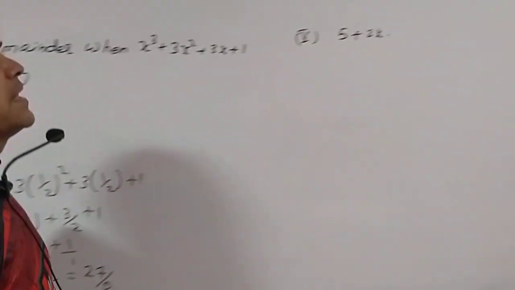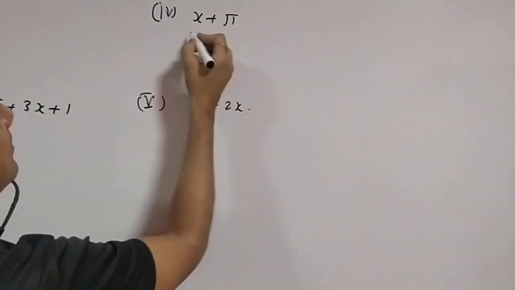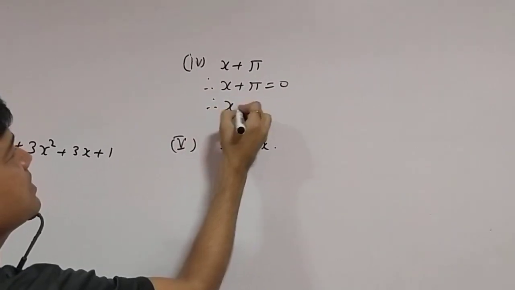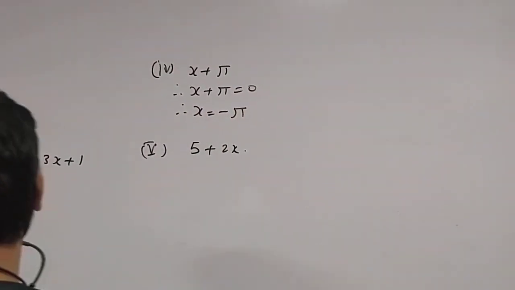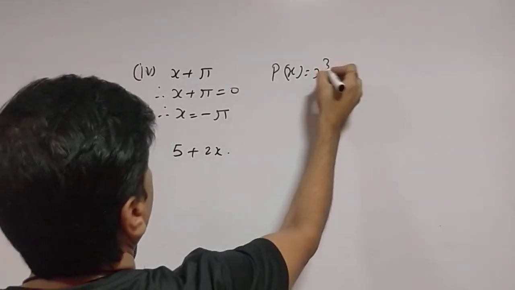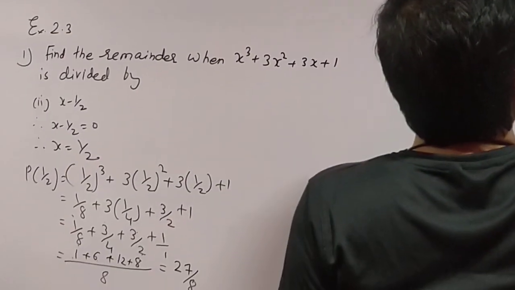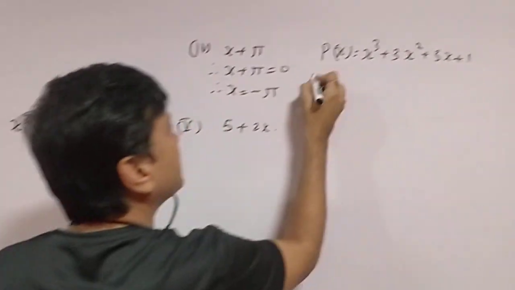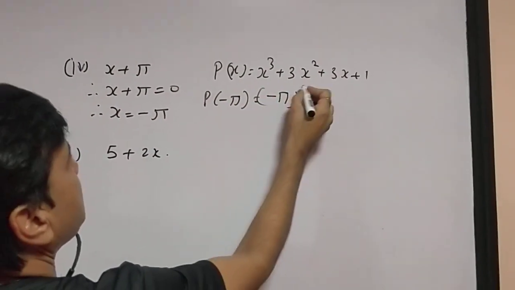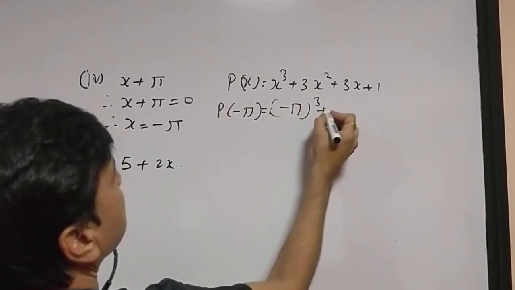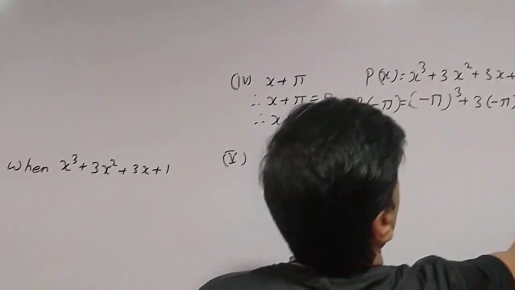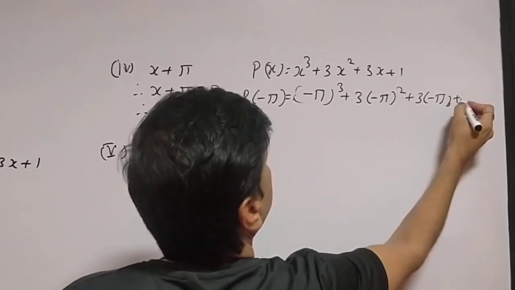Divide by x plus pi. Then x plus pi is 0, therefore x is equal to minus pi. In place of x, write minus pi. The equation is p of minus pi equals minus pi cube plus 3 into minus pi square plus 3 into minus pi plus 1.